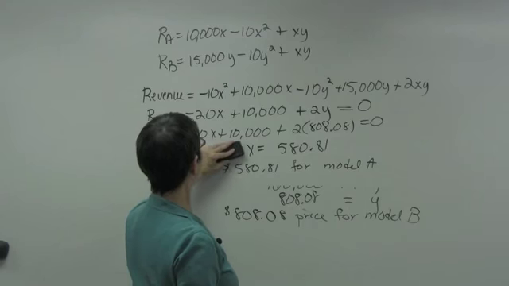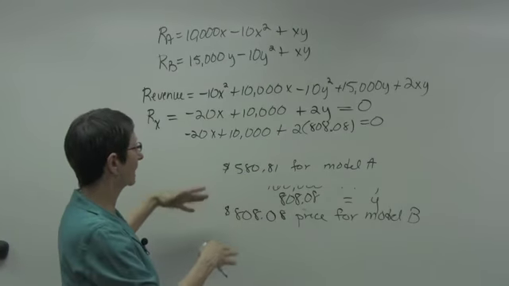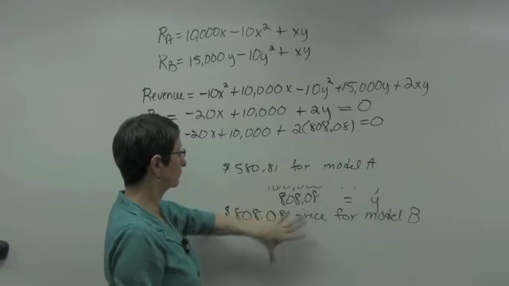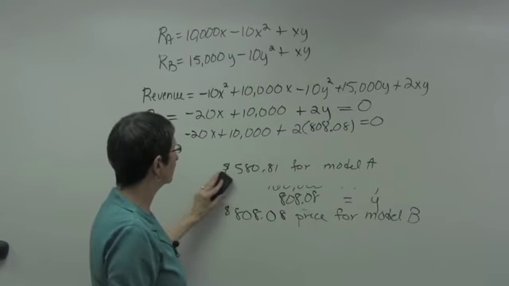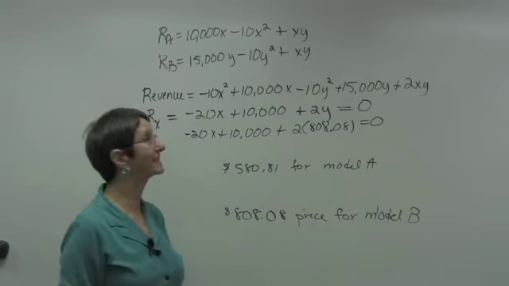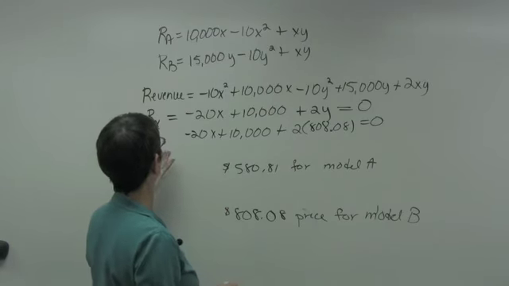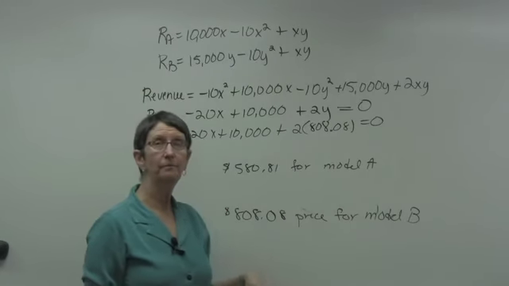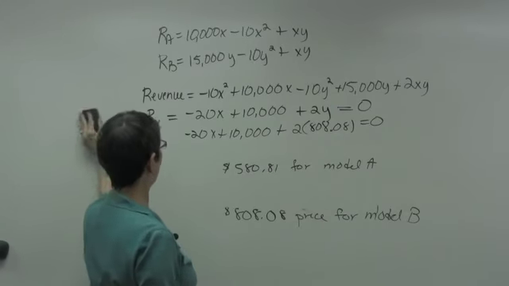So this is what I've got for my values, the selling price for each. In order to find out how many of each I sell, I have to go back up into the quantity, my Q's, which I have erased, of course, and plug those in and find the quantity.